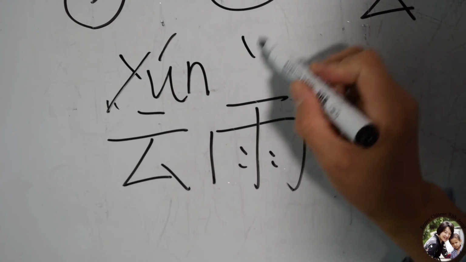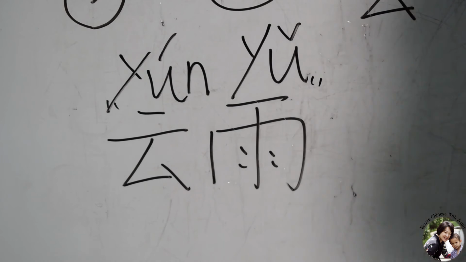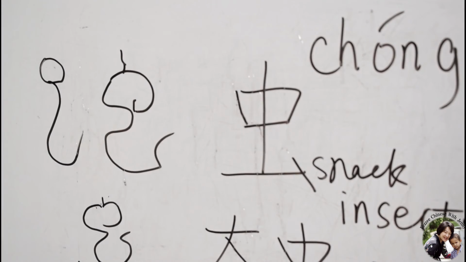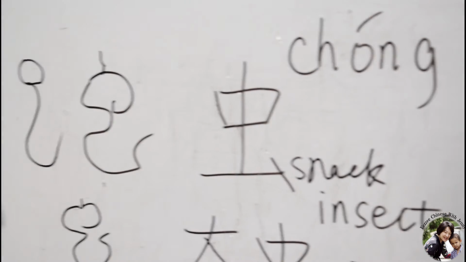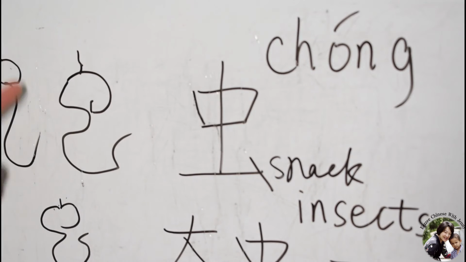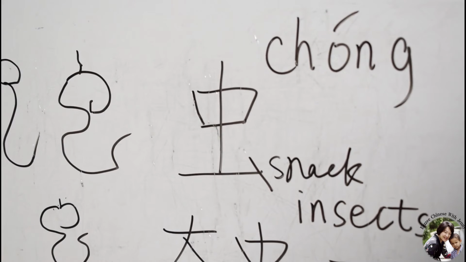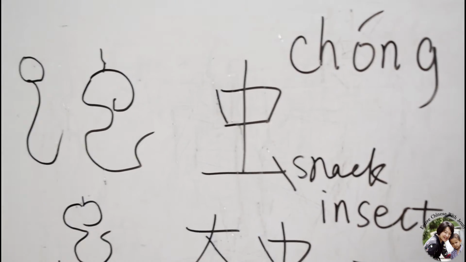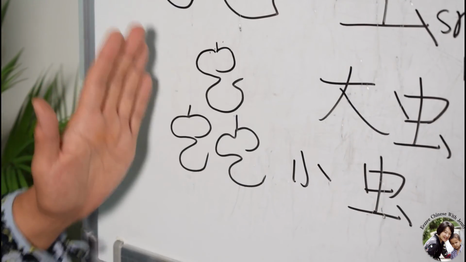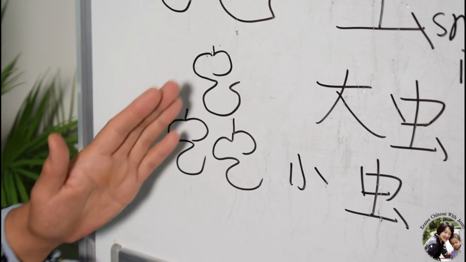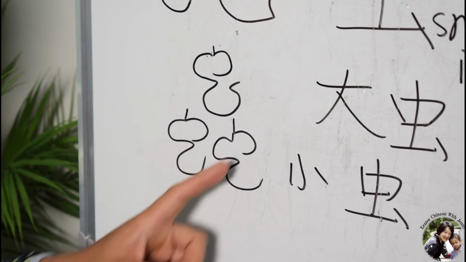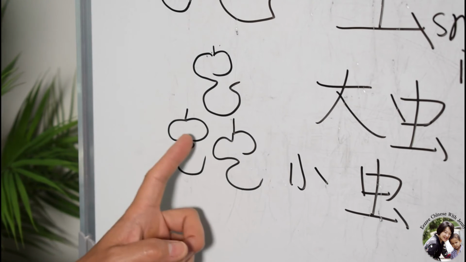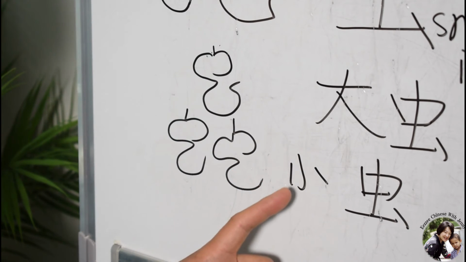云雨. I want to teach you this character first. It came from this shape. Actually, it is a snake. Snake. And putting three snakes together, three small snakes, means many small snakes, which literally means insects.